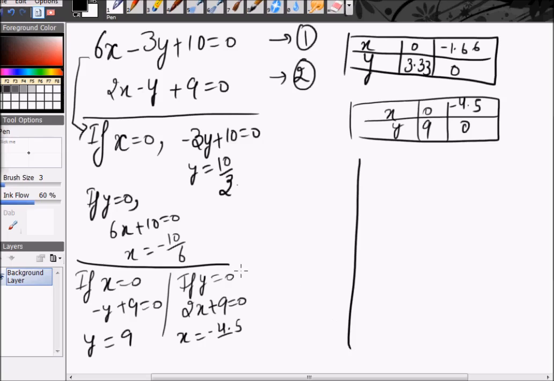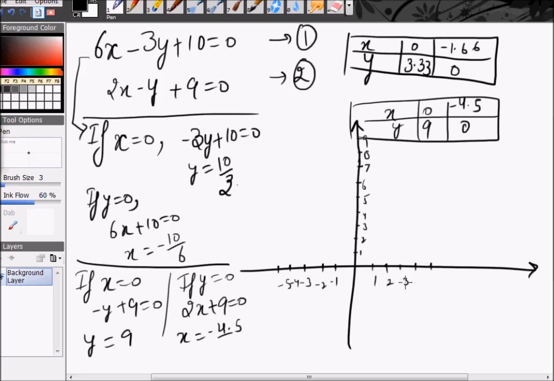Now plotting the given pair on a graph. For the first equation, if x equal to 0, we have y as 3.33 somewhere over here.